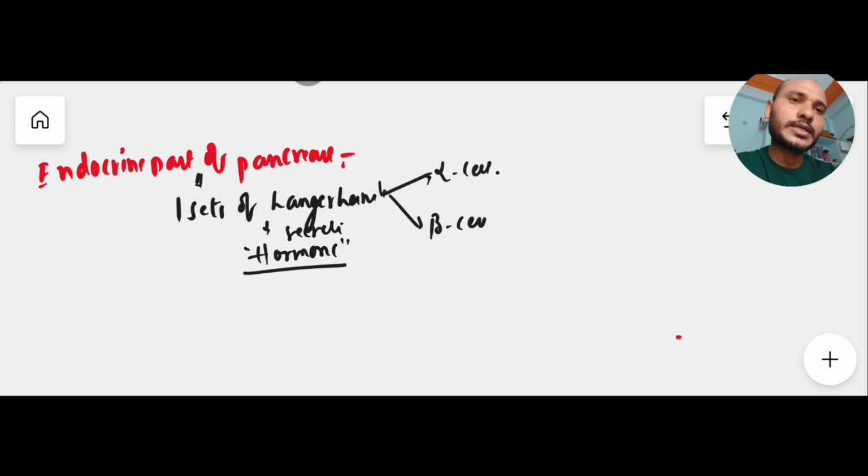Here the alpha cells of islets of Langerhans secrete a hormone, glucagon hormone, and beta cells of islets of Langerhans secrete an important hormone, that is insulin hormone. So insulin hormone is secreted from beta cells, glucagon hormone is secreted from alpha cells of islets of Langerhans.